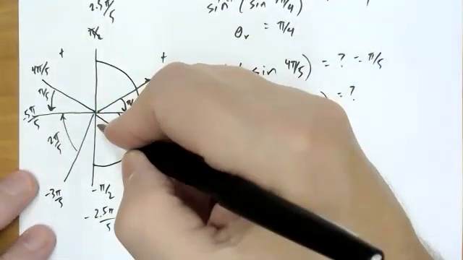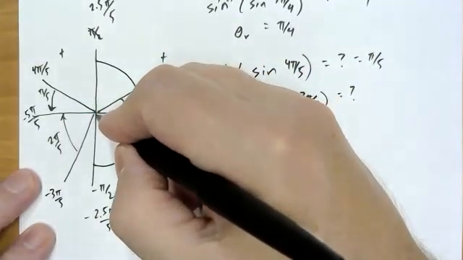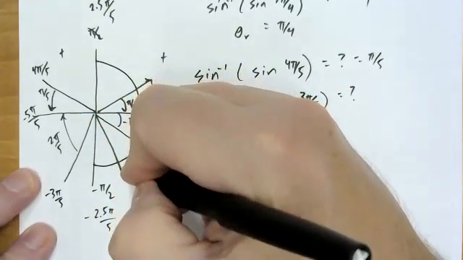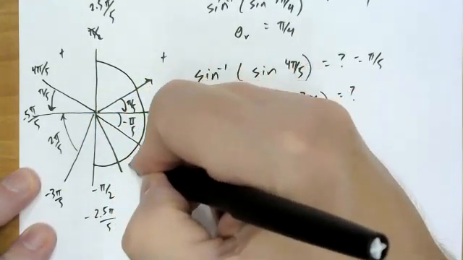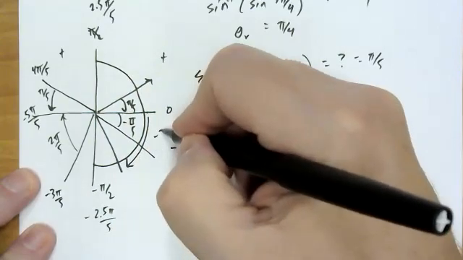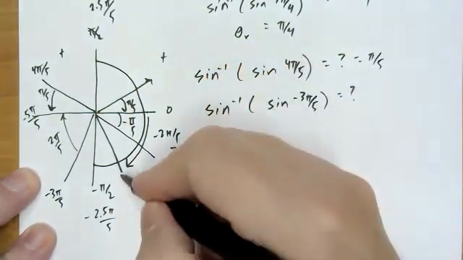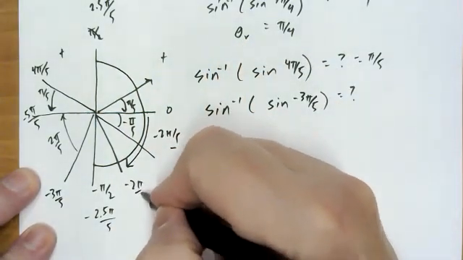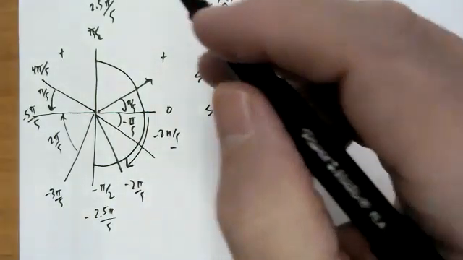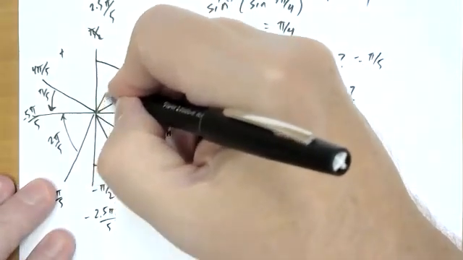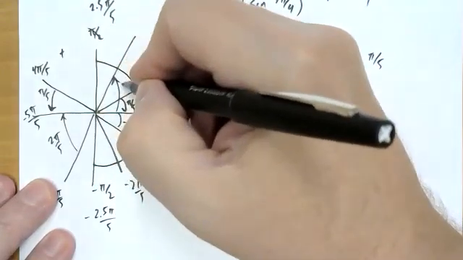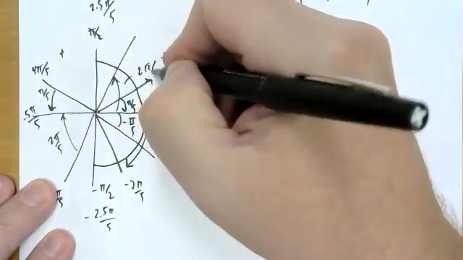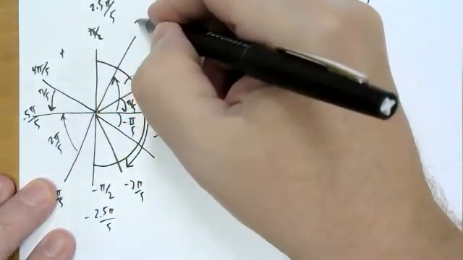So therefore, -2 pi over 5, and this is actually -2 pi over 5. And up here, 2 pi over 5.